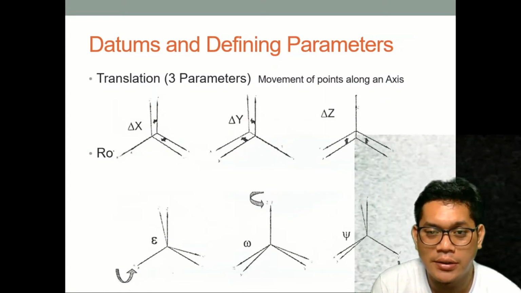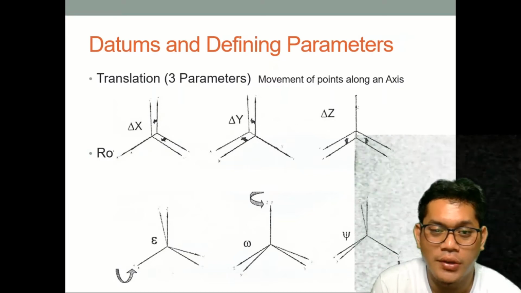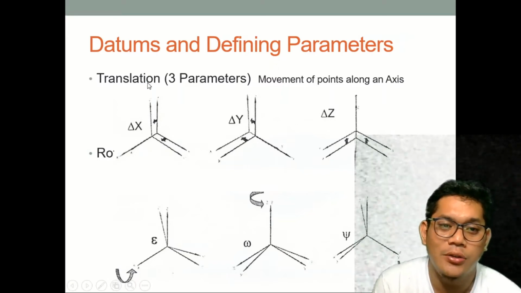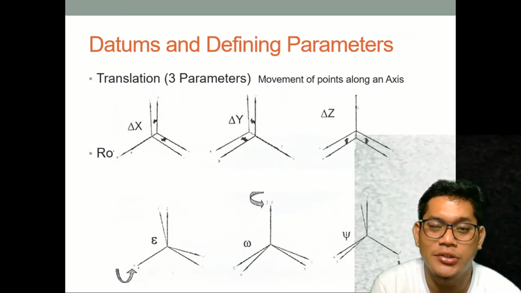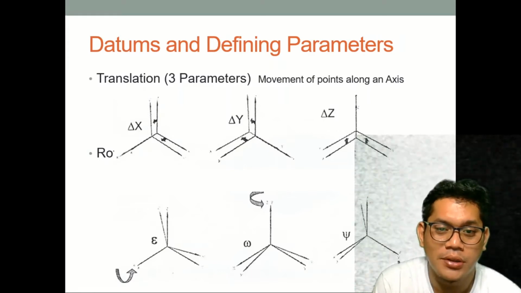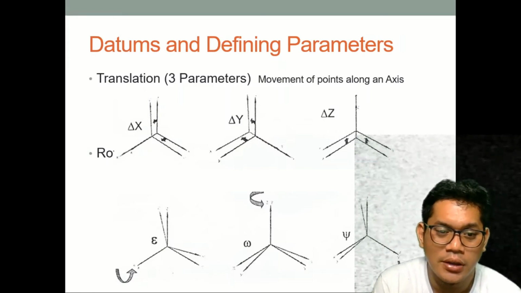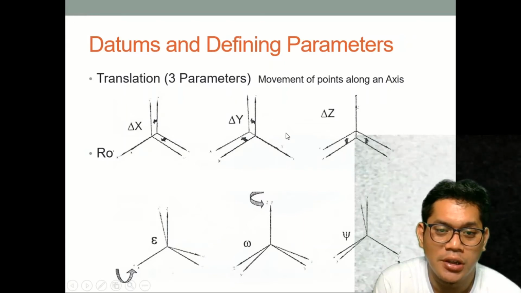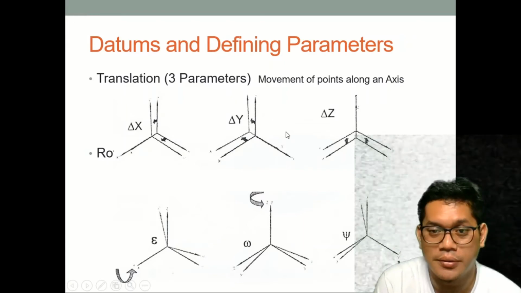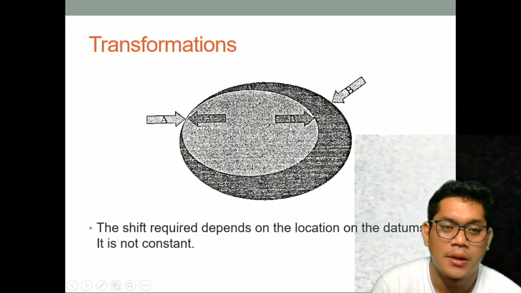In order to translate the shifting of the Earth, we use translations with three kinds of parameters: shift, rotation, and also the scale ratio.